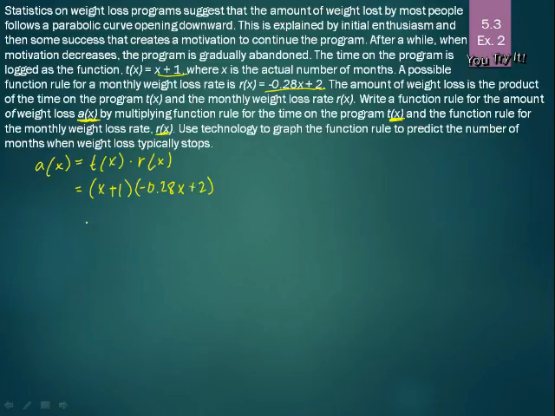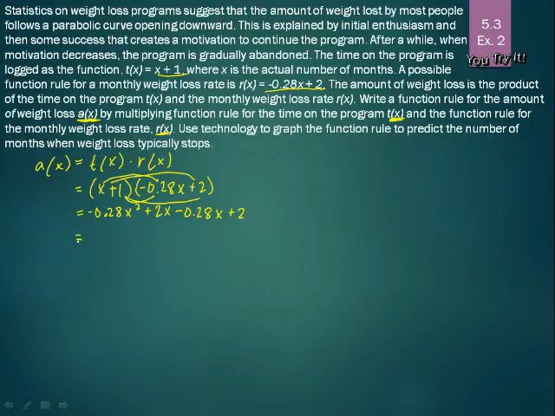Then multiplying these two together, we can just distribute. So x times -2800x will give us -2800x squared, since it's x times x. And then x times 2 is just plus 2x. And then 1 times -2800x is just -2800x. And then 1 times 2 will just give us 2.